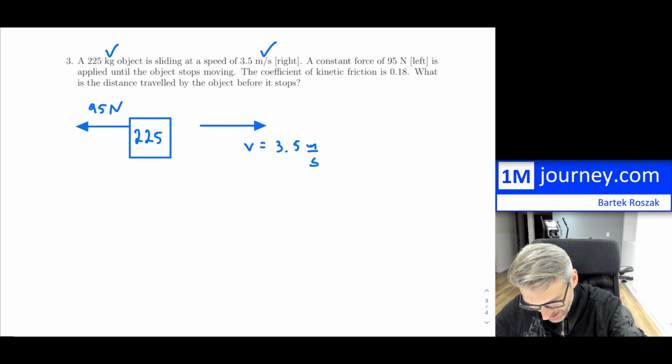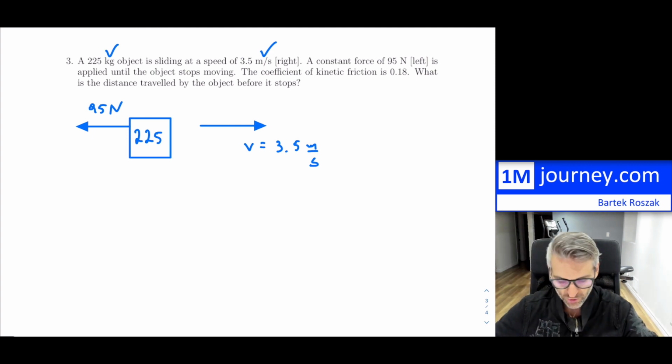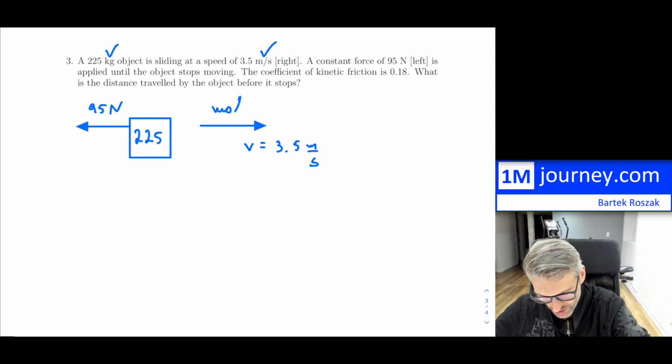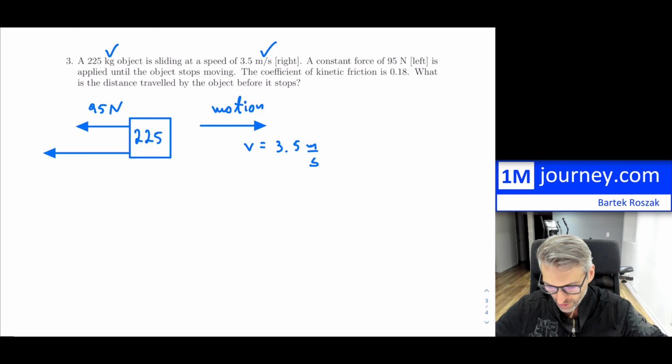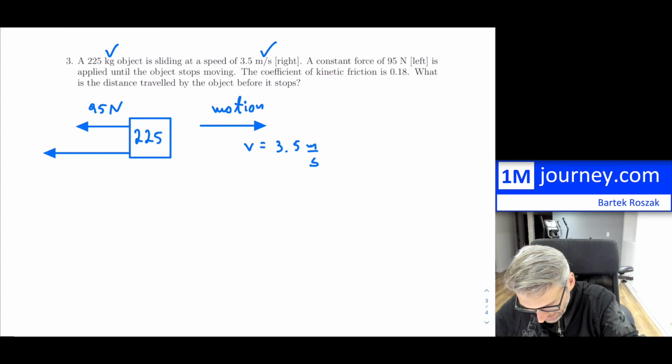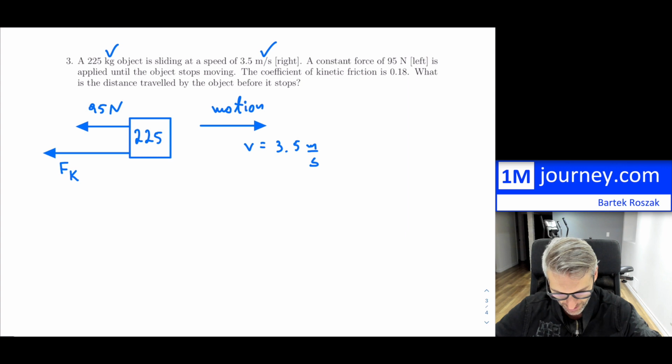Kinetic friction always opposes the motion, so if the motion is to the right, the kinetic friction is going to be to the left. I don't know if it's bigger or smaller than the 95 newtons, but we'll calculate it. I think it's going to be bigger, probably by a bit, but that doesn't matter. I'm just going to put Fk, and I know that it's in the opposite direction.